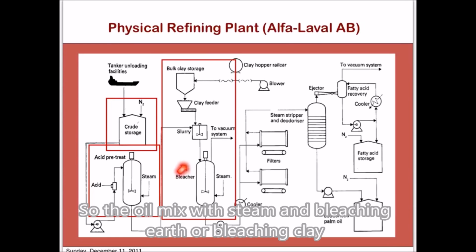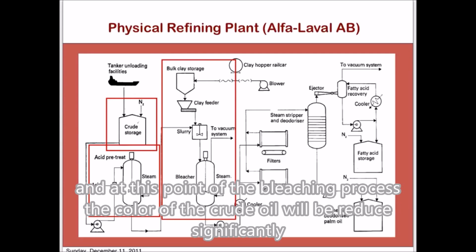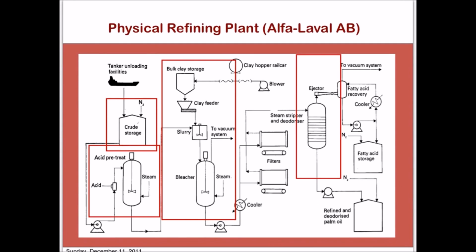The oil is mixed with the steam, and bleaching earth or bleaching clay is added to absorb the coloring compounds, the aldehydes, ketones, and the trace metals in the oil. At this point, after the bleaching process, the color of the crude oil will be reduced significantly.